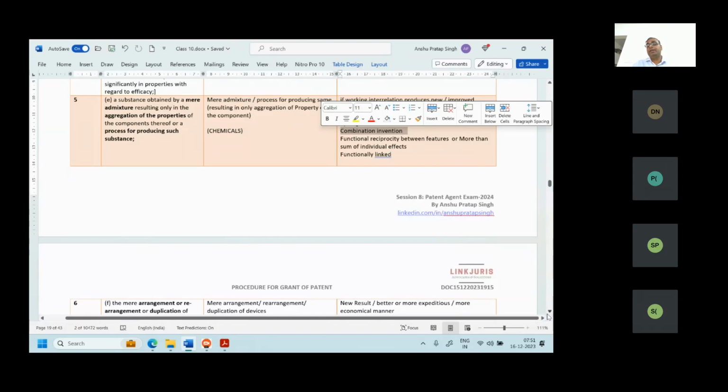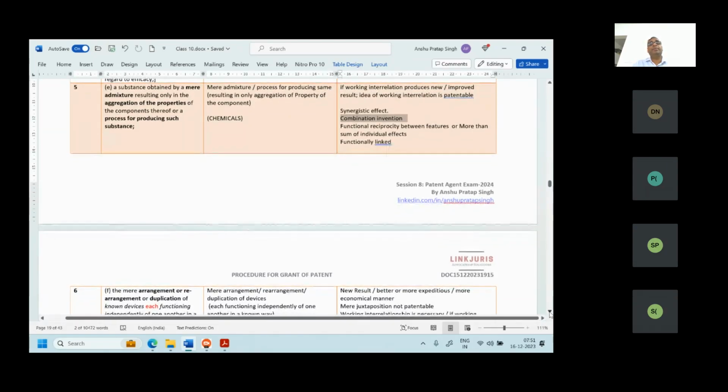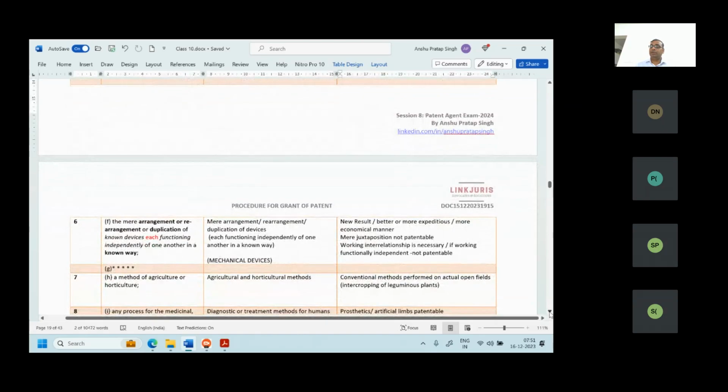Now, we discussed this in chemicals, but I can also combine two devices which already exist. For example, a very crude example, you have seen pencils with a rubber installed in a cap.